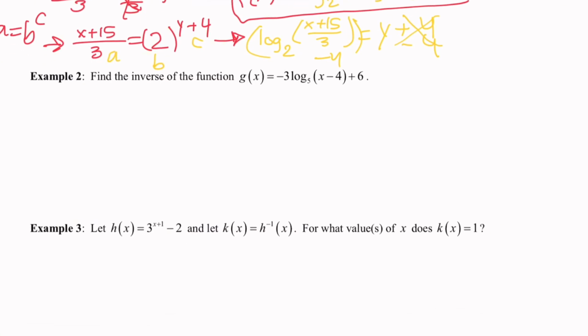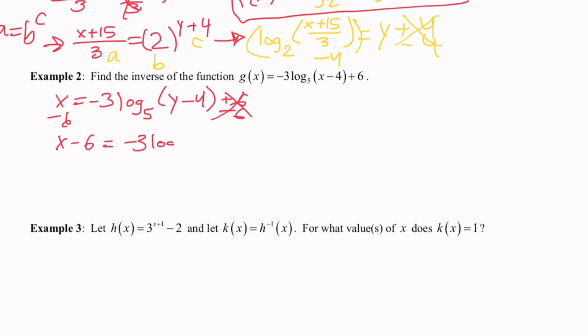So example 2, we have this. Let's go ahead and switch x and y. So x is equal to negative 3 log base 5 of y minus 4, plus 6. Let's go ahead and start doing that. Negative 3 log base 5, and we can divide by negative 3.